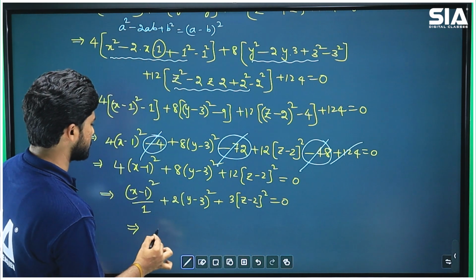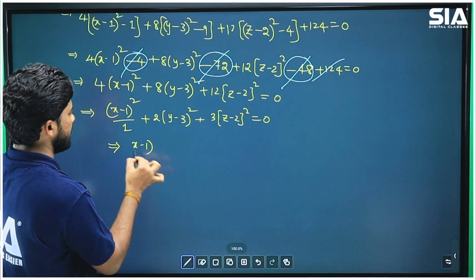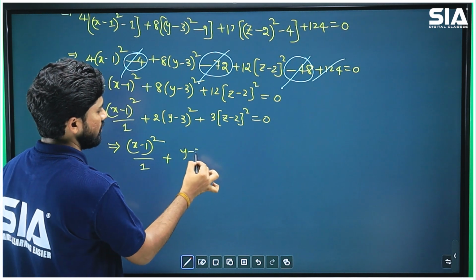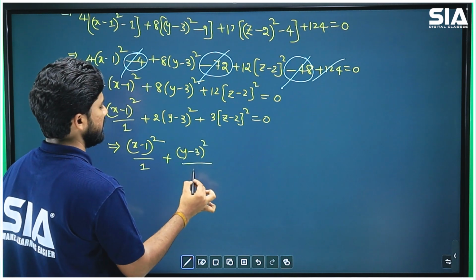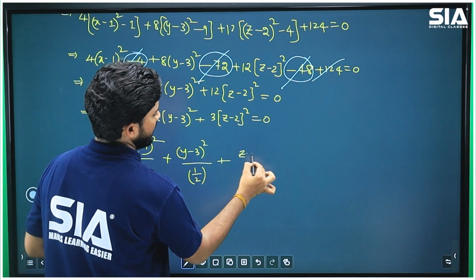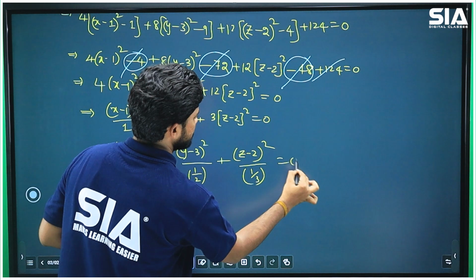So therefore how can we write this finally? We can write x minus 1 whole square by 1 plus, let us take the reciprocal of this 2, y minus 3 whole square by 1 by 2 plus z minus 2 whole square by 1 by 3 equal to 0.